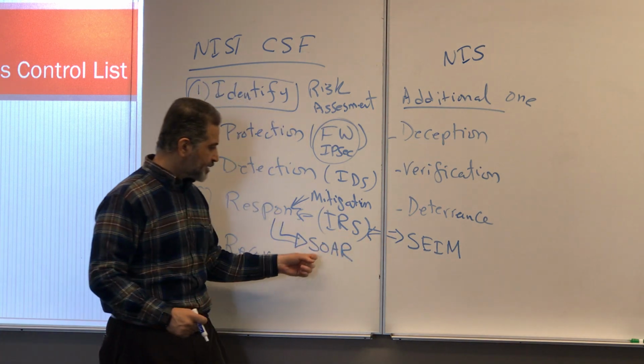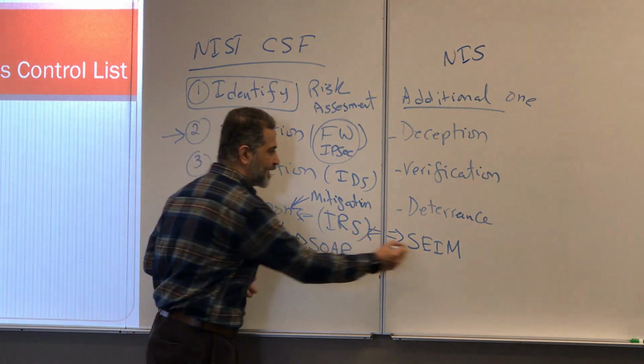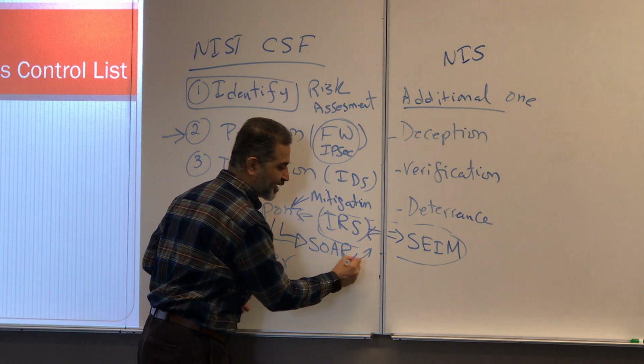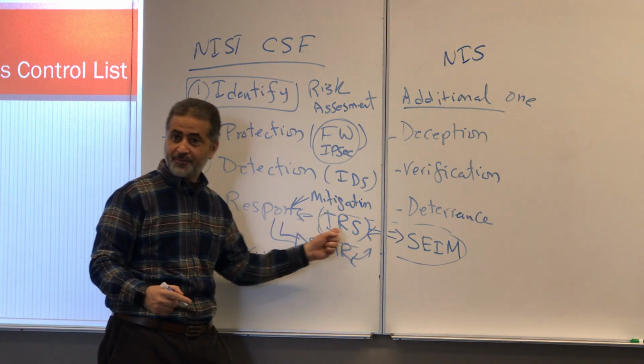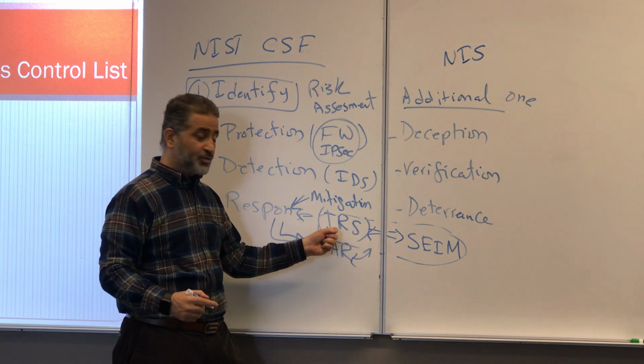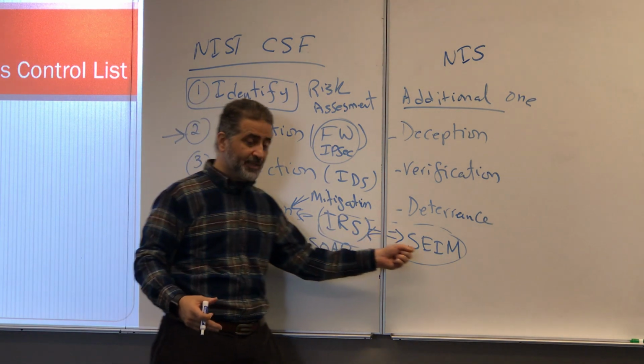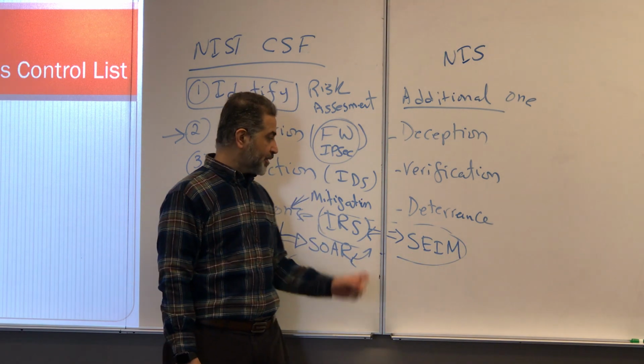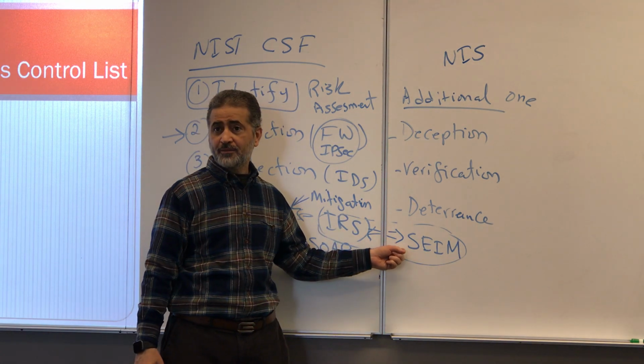SIEM, IRS, and SOAR. So SOAR is actually a combination of these two. Okay? SOAR is a combination of these two. Intrusion response, which is the decision making, and SIEM, which is the collection and the analysis. Okay? This is really my favorite topic now.